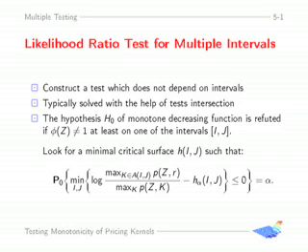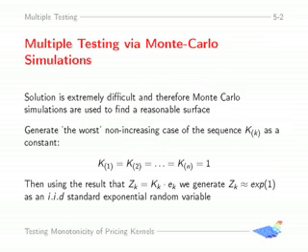That's exactly what we do on the next slide. We generate the worst non-increasing sequence k as a constant, still monotone, a sequence of constants k1 to kn equal to 1. Then, using the main result that we obtained in the first part of the talk, we get that zk is approximately an exponential i.i.d. variable.